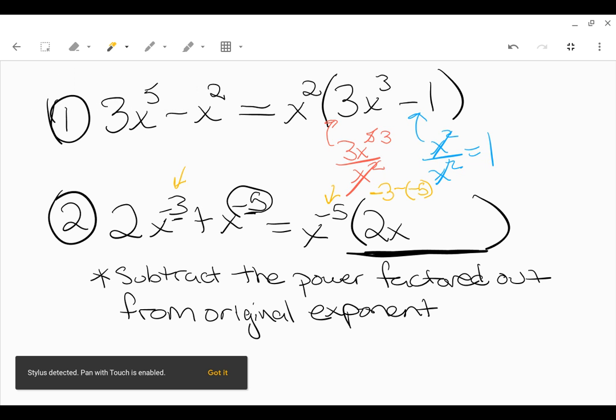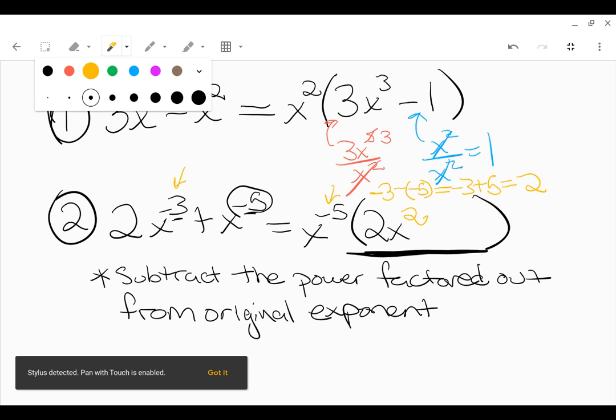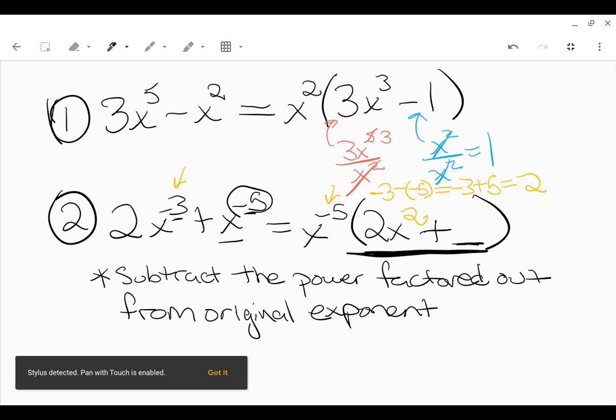So that's actually negative 3 plus 5. So that's positive 2. So the exponent here should be 2. And then I have plus, and for this part of the expression, it was x to the negative 5. We factored out x to the negative 5, so there's just 1 left over. If we factored out this entire term, then we just put a 1 placeholder there.